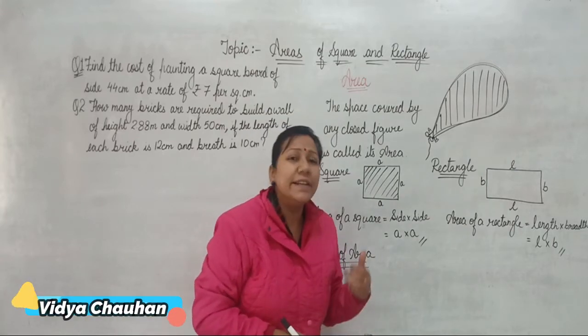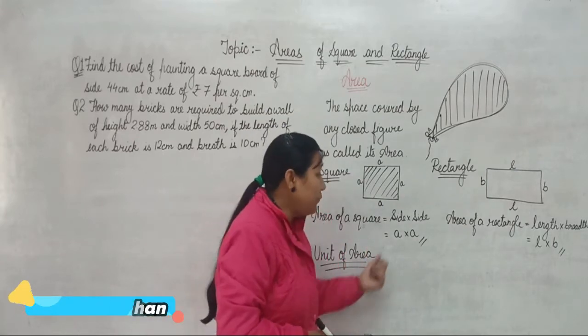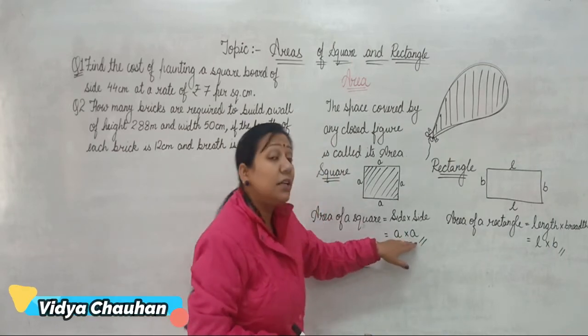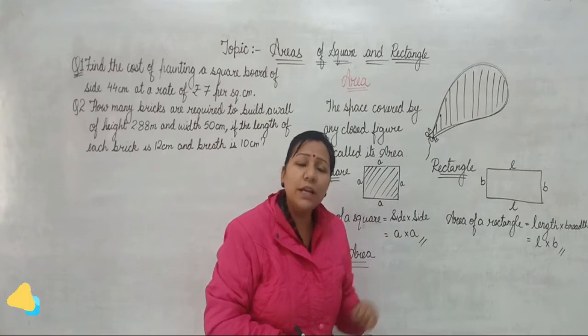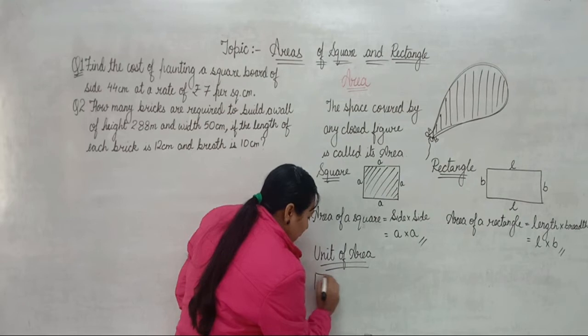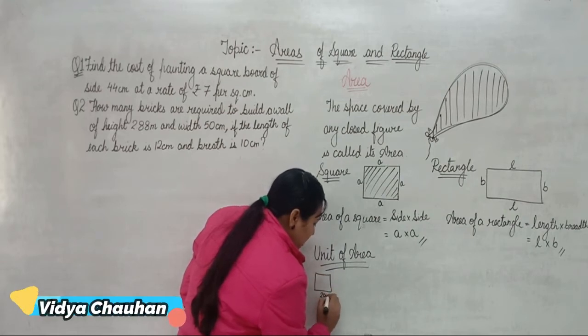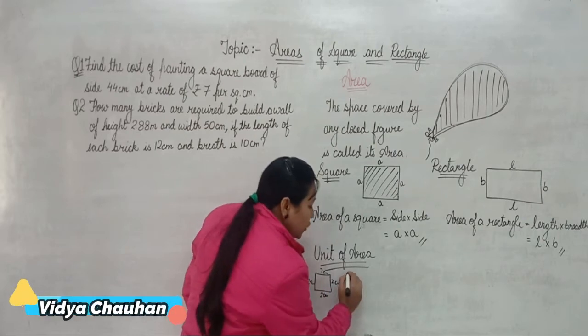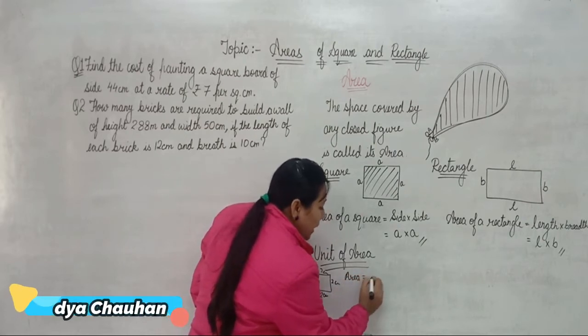So it gets 8 centimeter. But if I am multiplying this value, automatically its unit is also going to get multiplied. For example, if I take a square with side 2 centimeters, what will be the area of this square?